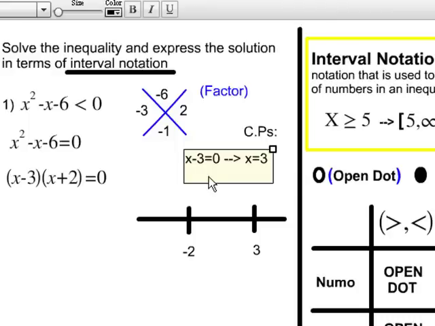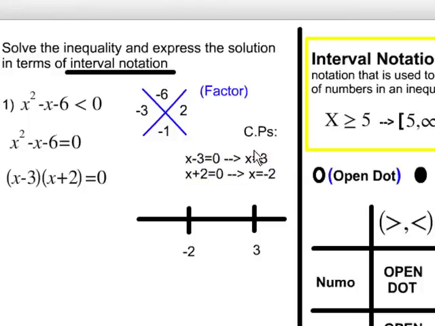Same thing with the second one, x plus 2 equals 0, which gives us x equals negative 2. These are our critical points, which will tell us where the inequality is going to reside.